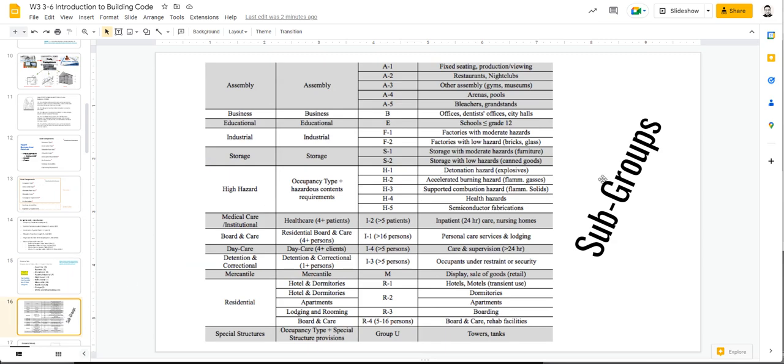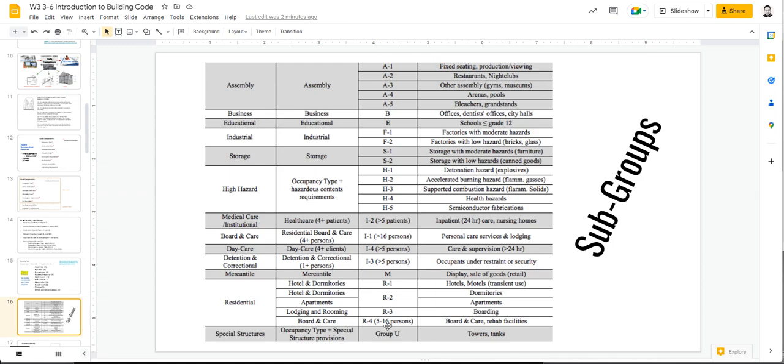And then there are subgroups. If you're talking about assembly, you got A1, A2, A3, A4, A5, and here are sample building use for those. So if we talk about residential, we have R1, which is hotels and motels, then R2, dormitories and apartments, and then R3, those are for boarding.